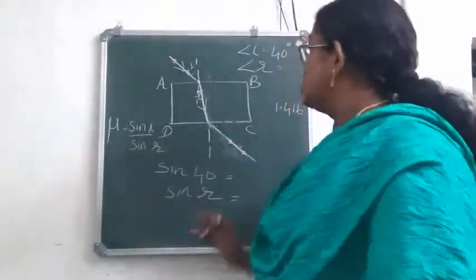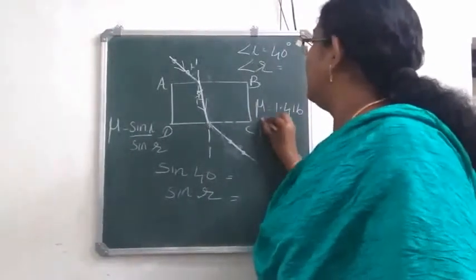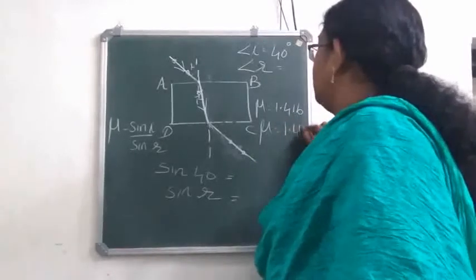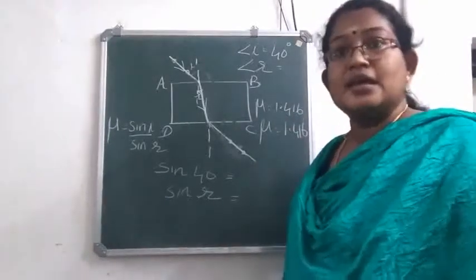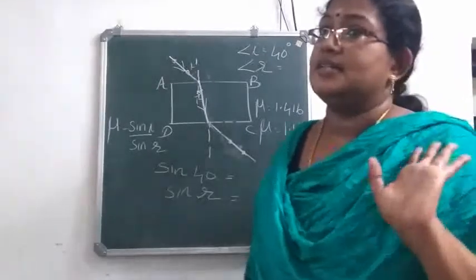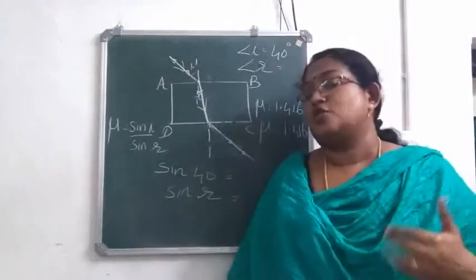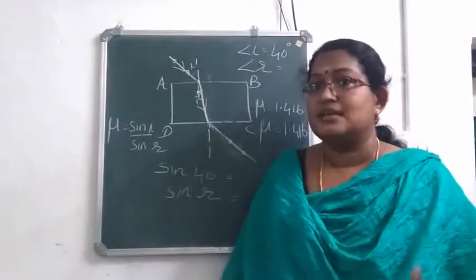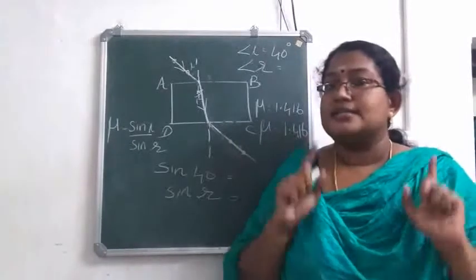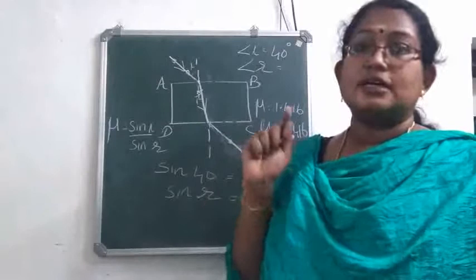In that case also, you will be getting the value of refractive index as same thing. Okay. So, same value we will be getting for refractive index. Is it clear? So, what can you conclude from this? The ratio of sine of the angle of incidence to sine of the angle of refraction is a constant.